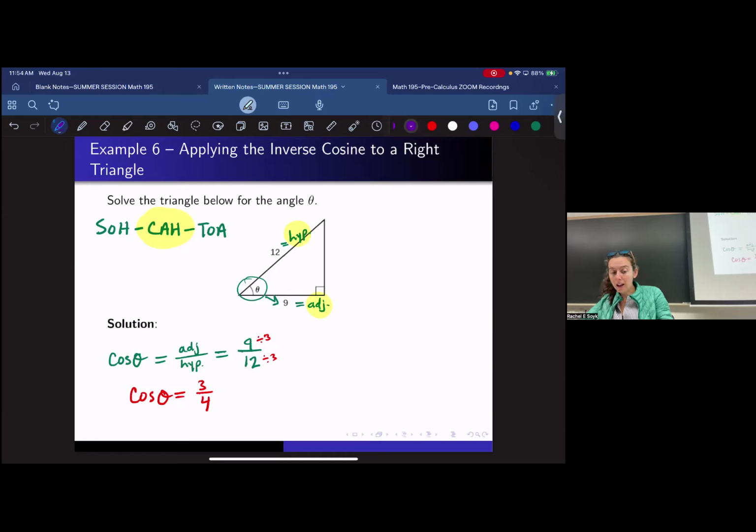Now let's apply our inverse function to both sides. So we have cosine inverse on both sides. We'll cancel out on that left-hand side.